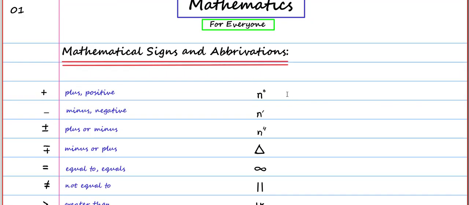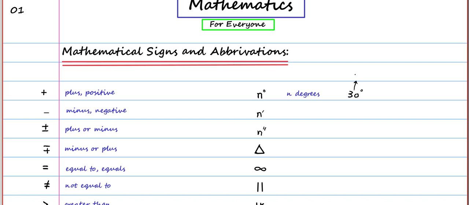Let's move to the other. What does this mean? This means n represents any number n degrees. For example, let's say we have 30 degrees.